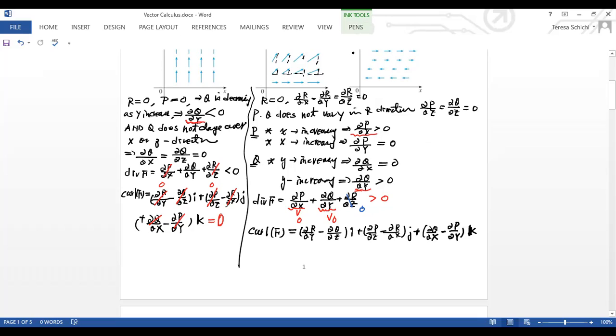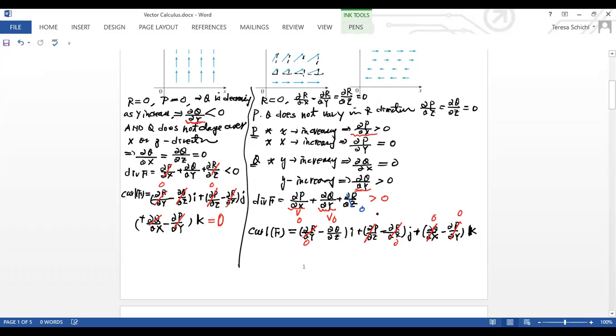Okay, so let's see here. ∂R/∂y is 0. Everything related to R is 0, right? Then ∂Q/∂x is equal to 0, and ∂P/∂y is equal to 0.